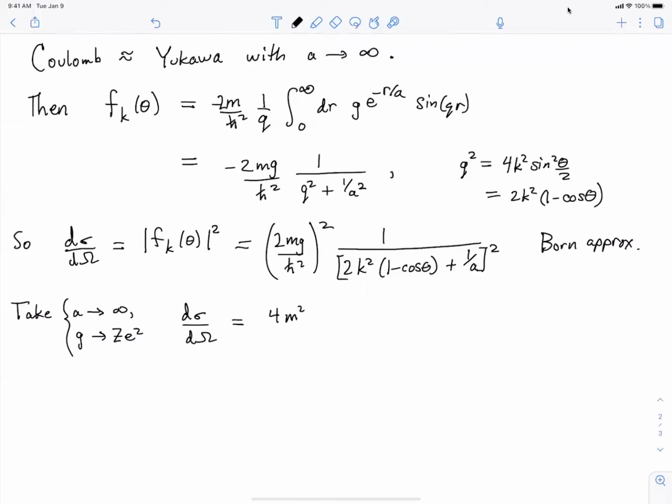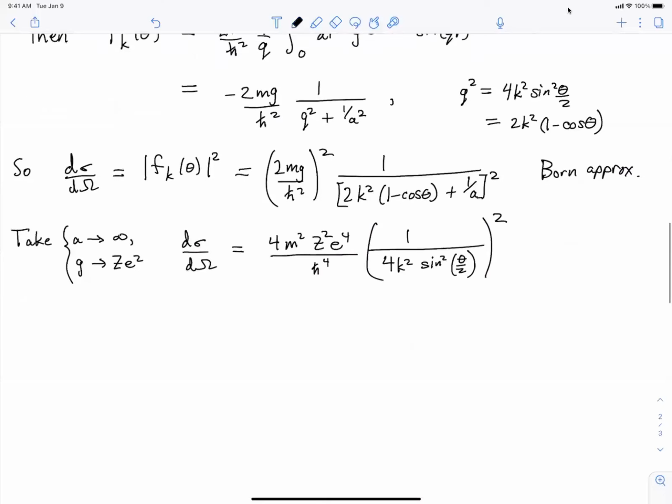4m squared z squared e to the fourth over h bar to the fourth. And then the second factor there is just going to be 4k squared sine squared theta over 2. Sorry, sine to the fourth of theta over 2. Or actually, let me do it this way. Let's put the whole thing squared. That's what it's supposed to be.